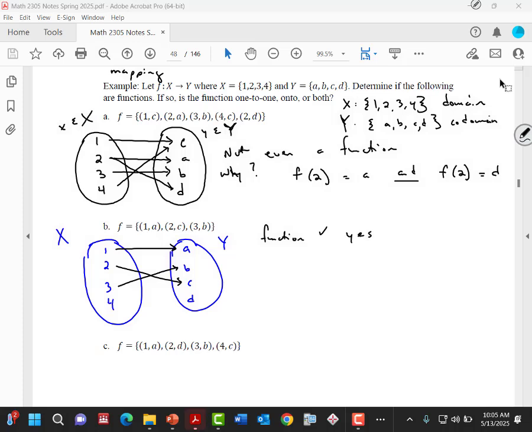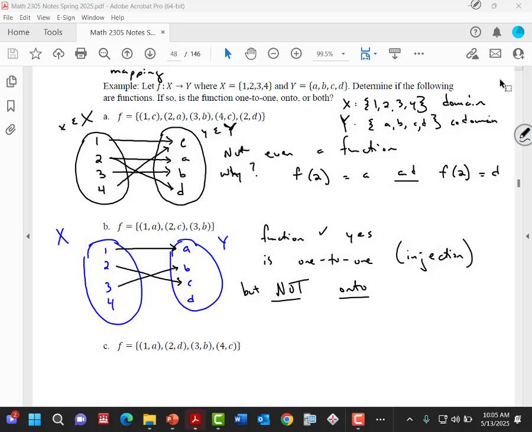Well, first off, this is a function because each element in the domain is relating to only one member in the codomain. My claim is also that this function is one-to-one. It is an injection, but not onto.